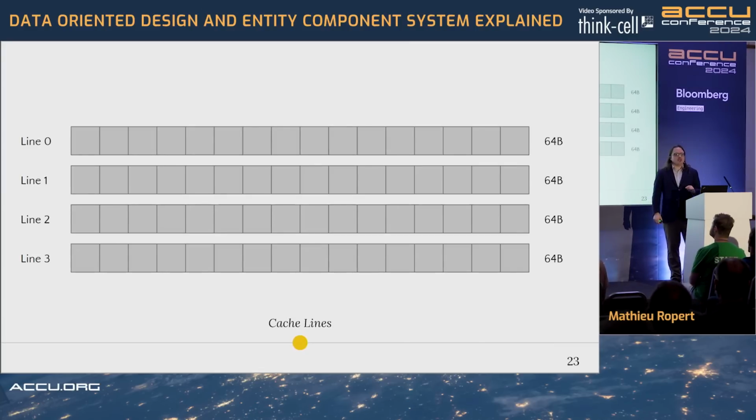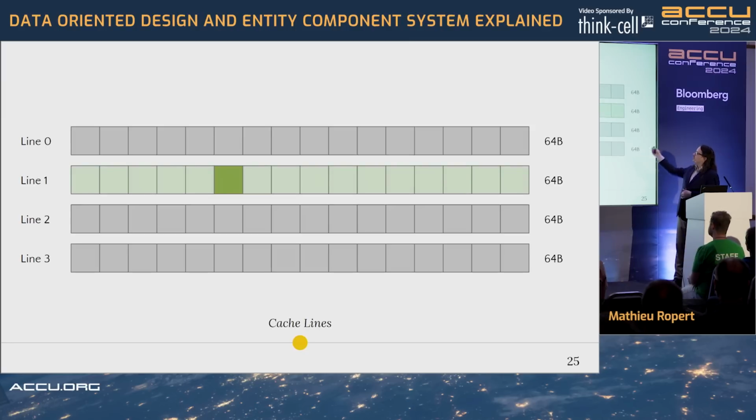Luckily, when you're fetching data on the memory bus, you're not fetching 1 byte or 8 bytes, like a 64-bit integer. If I ask the CPU to read this bit in memory, the memory bus knows that it has latency, but it can somewhat compensate by having some throughput. It can fetch a bit more than just my byte. So it will fetch the entire thing.